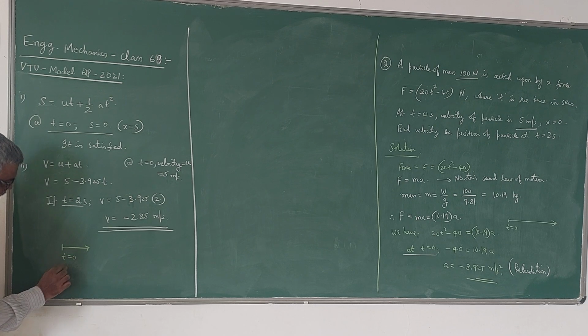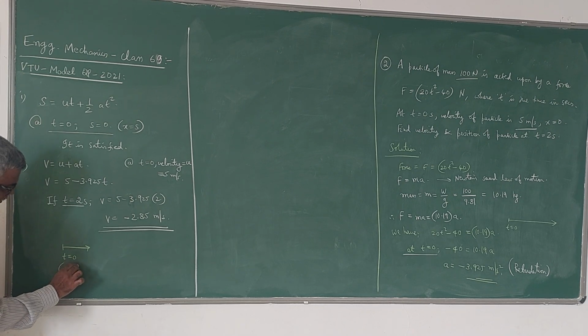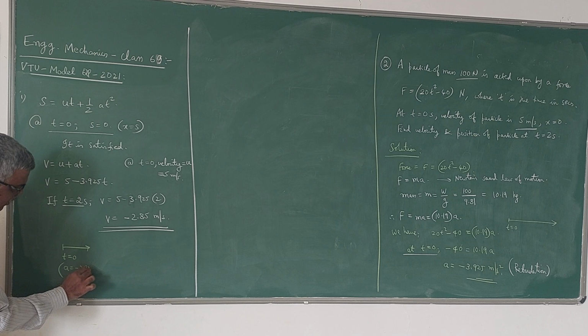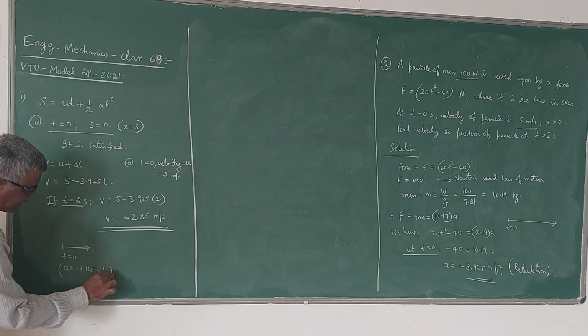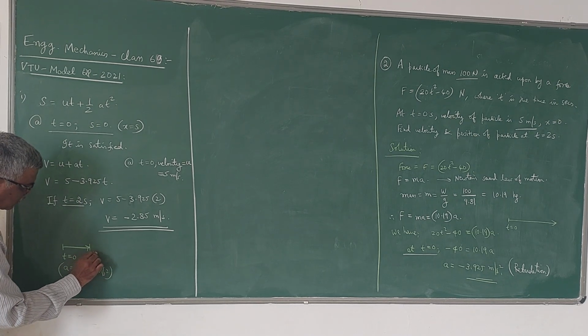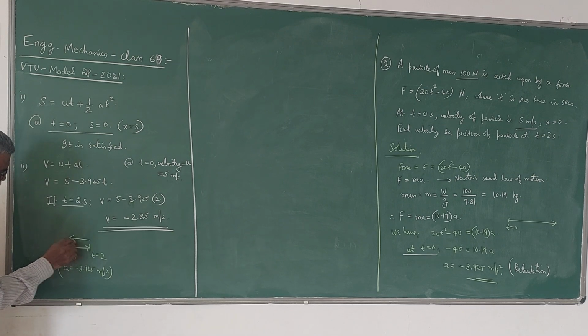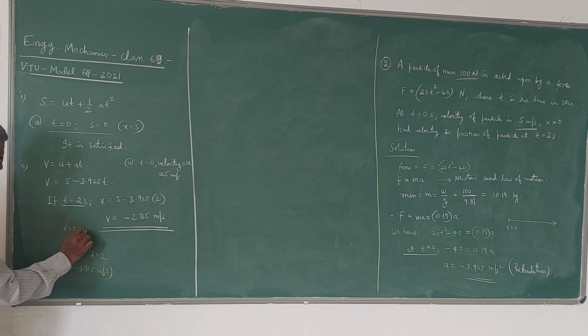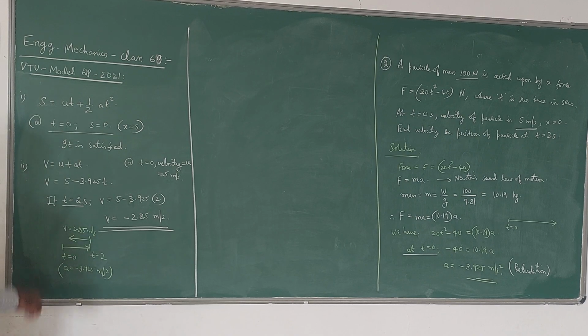When t is equal to 0, a value is minus 3.925 meter per second square. When t is equal to 2, it starts moving backwards. That means velocity will be in the opposite direction. The negative sign indicates that it is traveling in the opposite direction. That is the meaning.